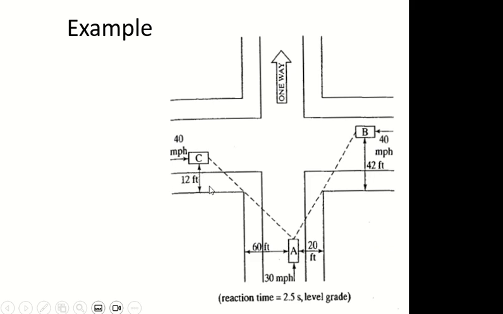Now if I check it for the other side, for this side, then I will use these distances 60 and 12, the distance to the obstruction on this side.